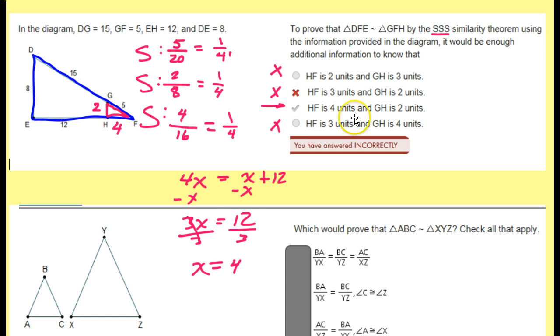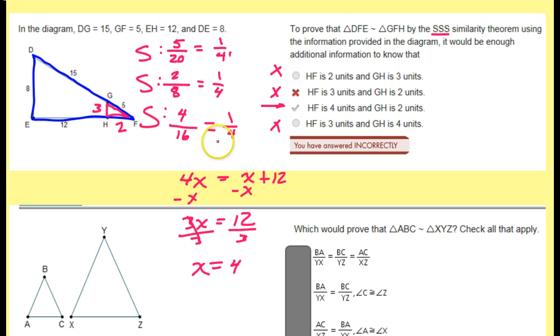Now, instead of solving the equation like I did, I guess you could have done trial and error. You could have taken each one at a time. So you could have said, okay, HF is 2, so you could have put a 2 there. GH is 3, so you could have put a 3 there.